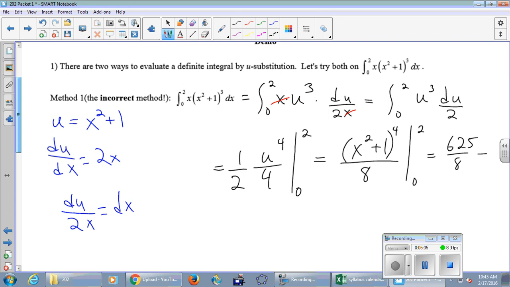So just make sure you actually pause and see if you really do get 0. You plug 0 in, you get 1 to the 4th over 8. So 1/8 there. So 624 over 8. And how much can we reduce that? How much is it? 78. Wonderful.